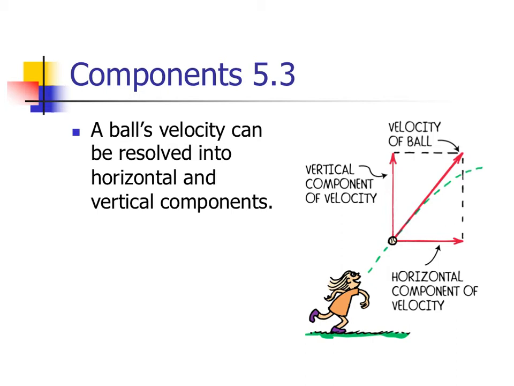So what this does is a ball's velocity has a horizontal and a vertical component to it. Again, we're only going to see the hypotenuse, and the thing that we have to remember is that I can take that and bring it over there to complete that triangle.